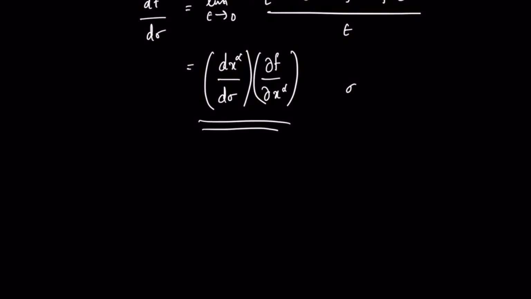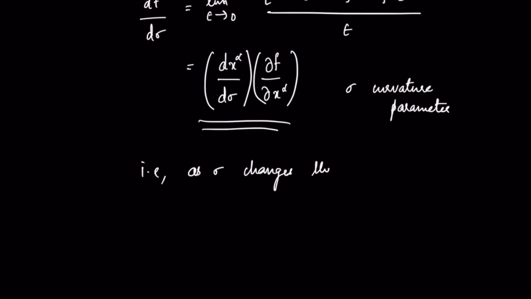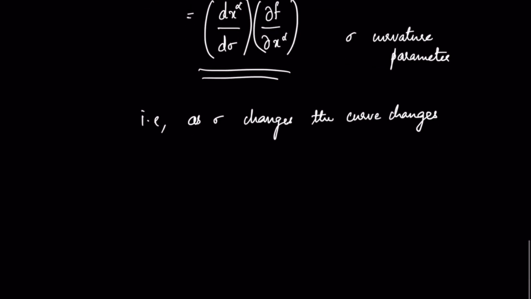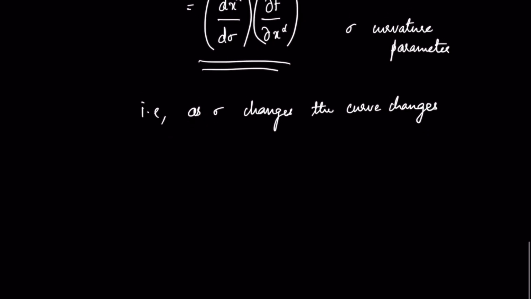That is, as sigma changes, the curve changes. So since sigma is a curvature parameter and as sigma changes the curve also changes, this quantity dx alpha by, sorry, this is not dx sigma, this is d sigma.